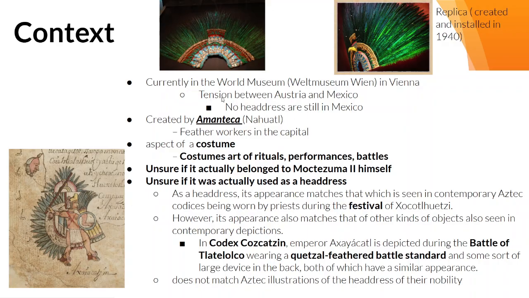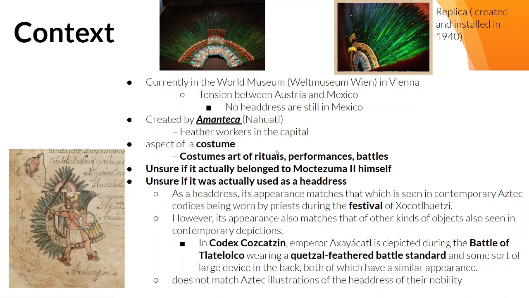So Mexico's been asking for the headdress back because they don't have an Aztec headdress in Mexico. And Austria's like, but it's going to fall apart if we send it. And Mexico's like, figure it out. So it's been this standstill in which Mexico doesn't have a big, important Aztec piece in their own country. So that's the controversy there.